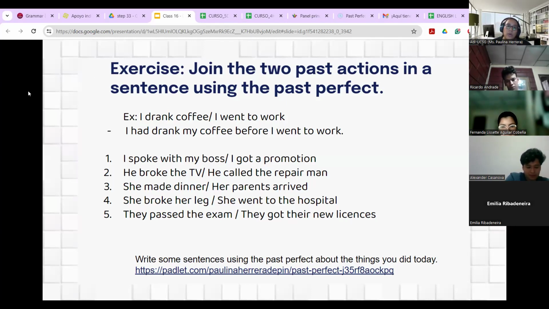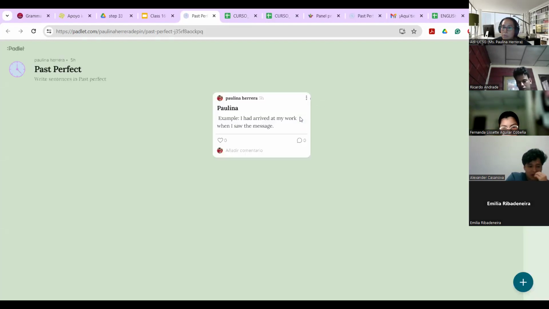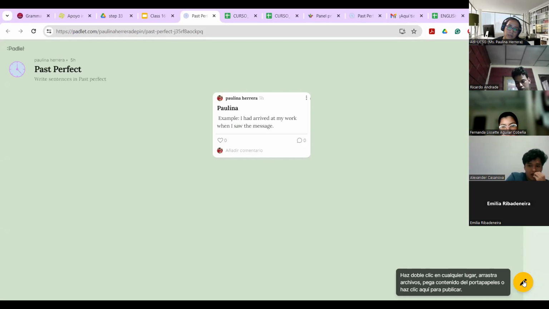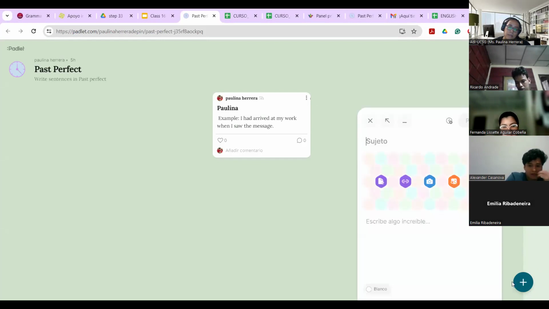And where are we going to do it? We're going to do it in this Padlet. I'm going to give you the link. I guess maybe you have used this before in your classes. The only thing that you have to do is to click here, where you have this plus, and you write. And it's going to be posted right there in the Padlet.